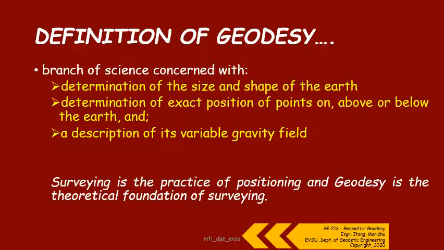Determination of ano ba yung exact position ng points, either above, below, or within the earth's surface, and description of its variable gravity field. Ito na talaga yung three main purpose and goal ni geodesy: to determine the size and shape ng earth, to determine the position ng mga points, and the variability ng gravity field sa surface ng Earth.